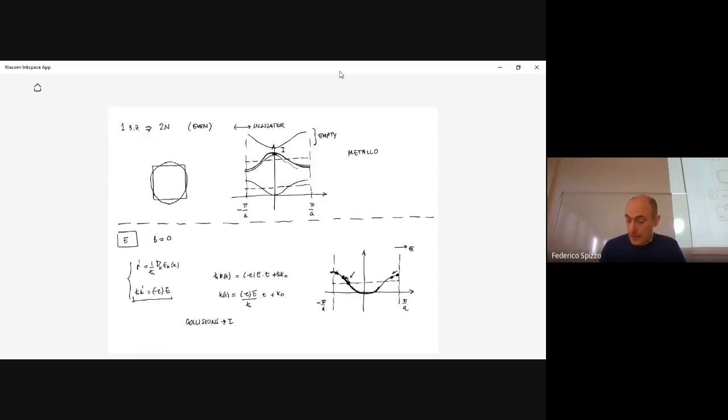We may just try to estimate what is the amount of time that is needed for a level to move through all the first Brillouin zone.